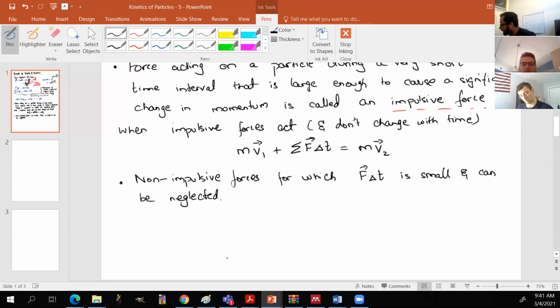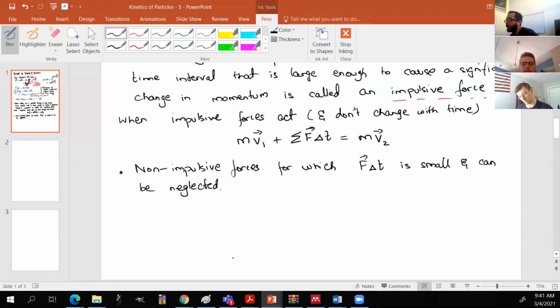Let's take a look at an example where you might have different cases. Looking at any of the ball sports, look at baseball, look at tennis, look at cricket.